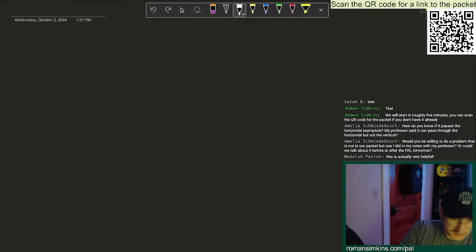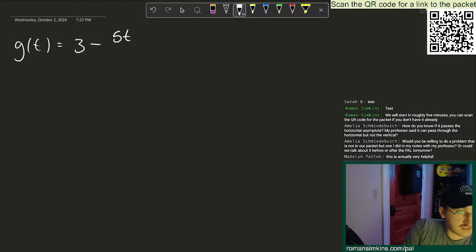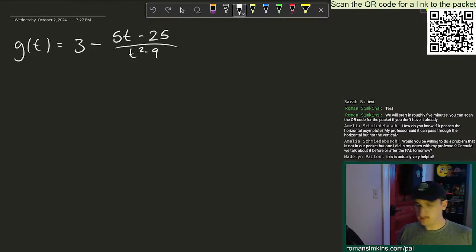Sorry, I should write the function title first. I need to zoom in. Okay. G of t equals 3 minus 5t minus 25 over t minus 9. That's a scary number. It's a very big number. The reason that this is complicated is because this isn't quite a rational function yet.